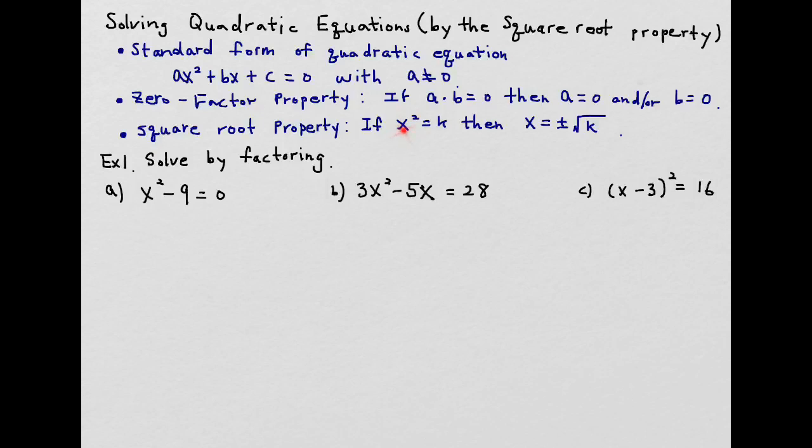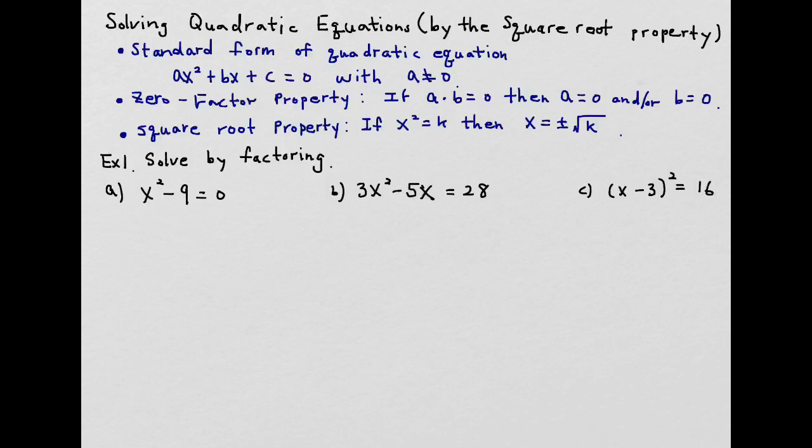From the previous chapter, we learned that squares and square roots are inverses of each other, so they cancel out when used together. That's how you square root both sides of the equation to isolate x. That gives you, on the other side, plus or minus the square root of k. Okay, so we will come back to that.